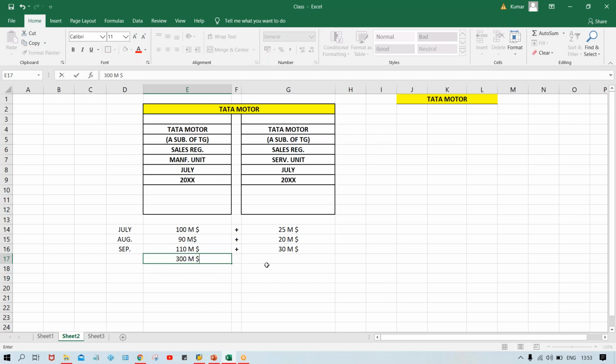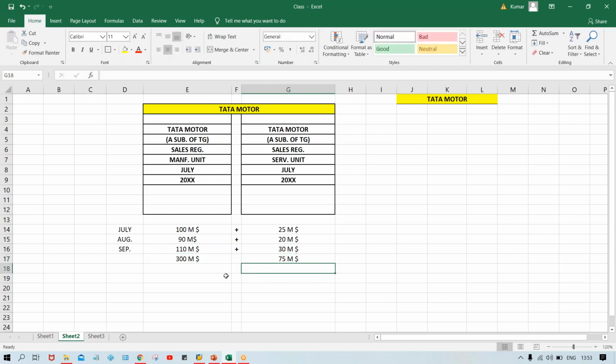And for this one it is 75 million dollars. And if they want it at Tata Motor level, then this one plus this one. This is how they are going to calculate the revenues.